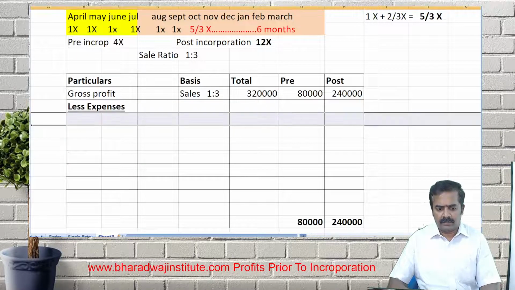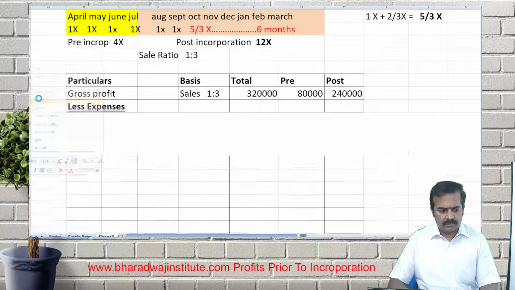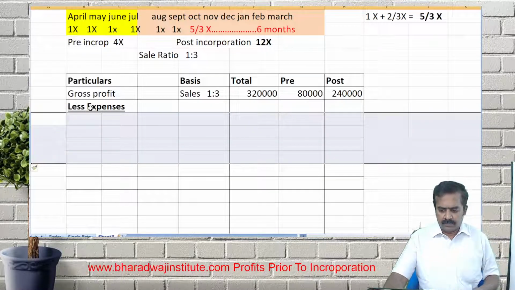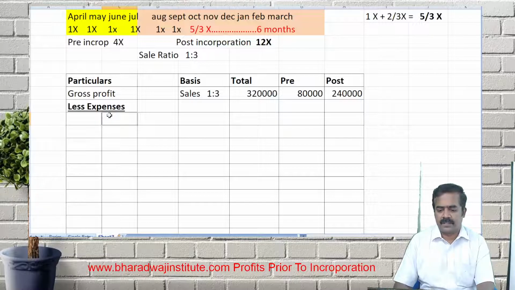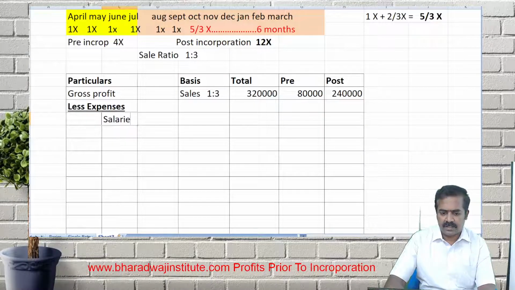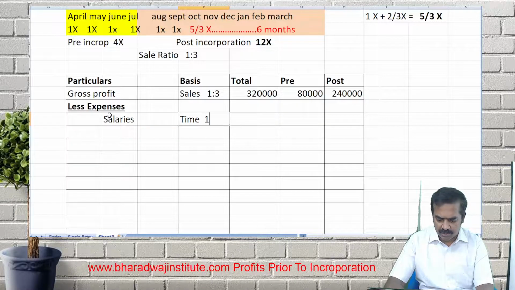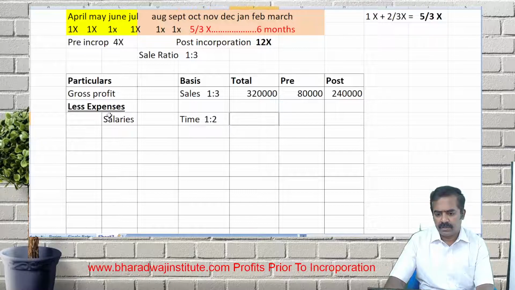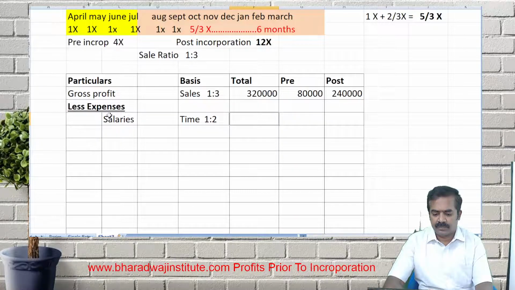Then salaries. Let us do it fast. In time ratio. What is the time ratio? 1:2. So what is the salary total? 48,000. Split, 16,000.